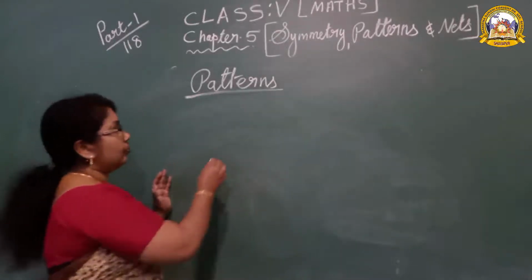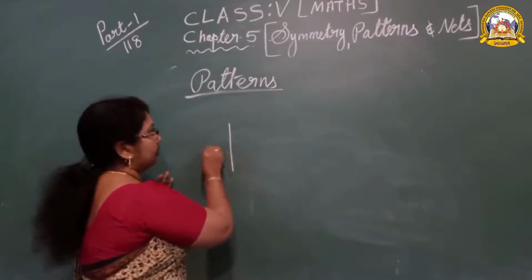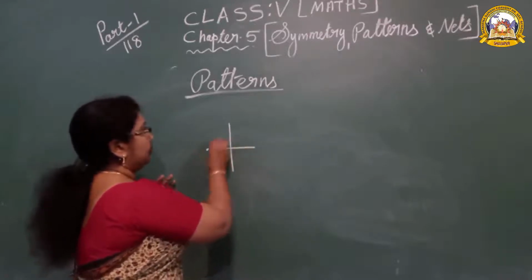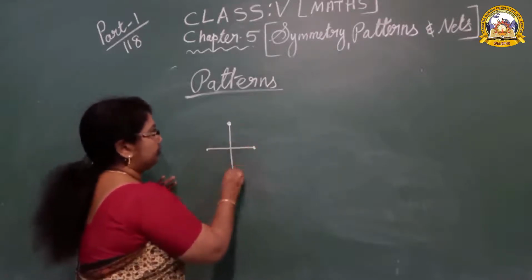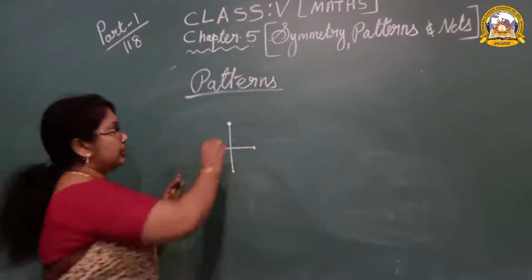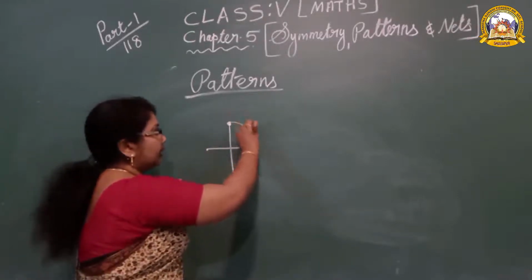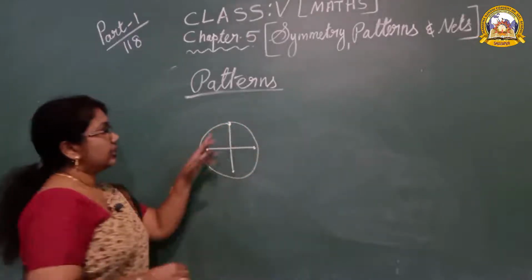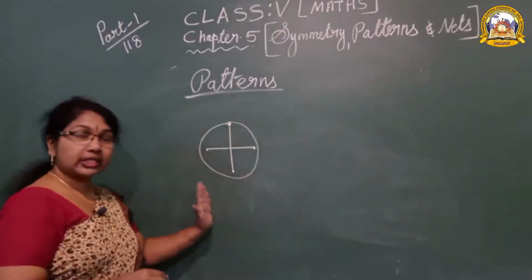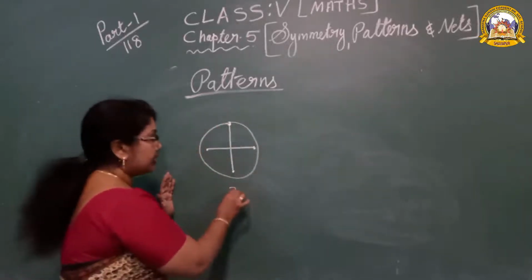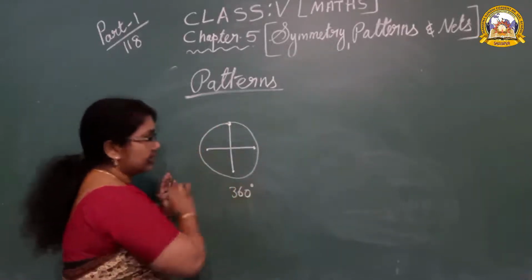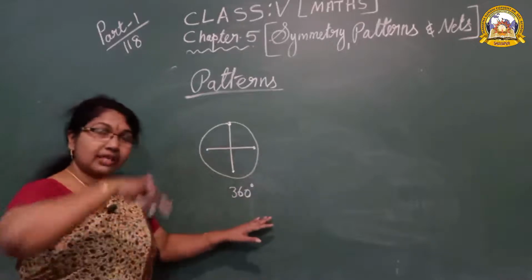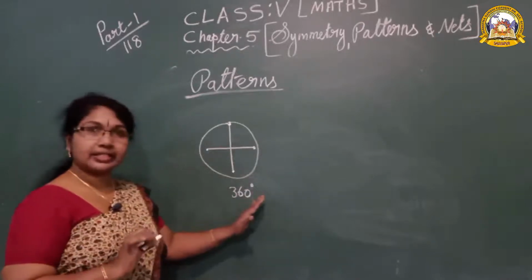Any figure, for example, look here. If it is rotating like that and it is fully completed, if anything is rotating a full circle, it is 360 degrees. How many degrees is one full circle, students? 360 degrees.